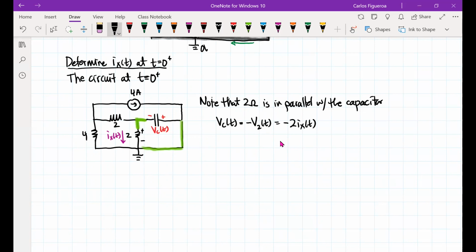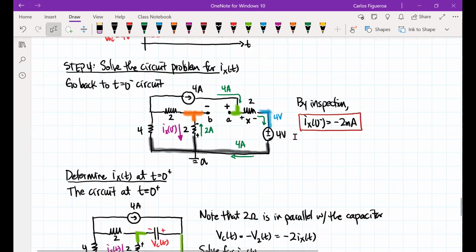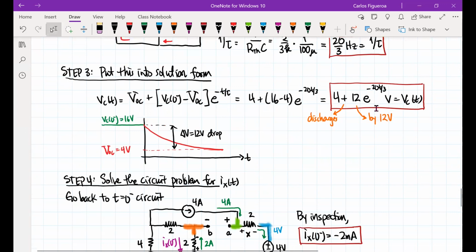So now I can solve for Ix of T. If I solve for Ix of T, you can see that Ix of T is going to be minus 1/2 the voltage of the capacitor, but we know what the voltage of the capacitor is. That's it right there.